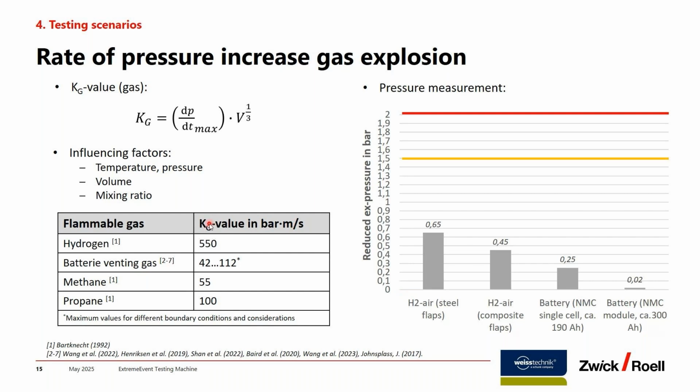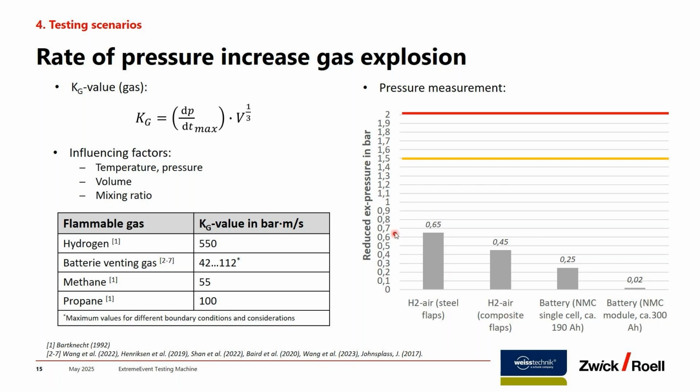There's a KG value, which represents the bar per meter seconds, and Weiss Technik did some tests with hydrogen and oxygen, and there they used the perfect mix ratio where the most explosive mixture occurs. And they used their chamber. As you can see, there are steel flaps and composite flaps. This is what I meant before, that the flap will open earlier depending on which kind of flaps you use.